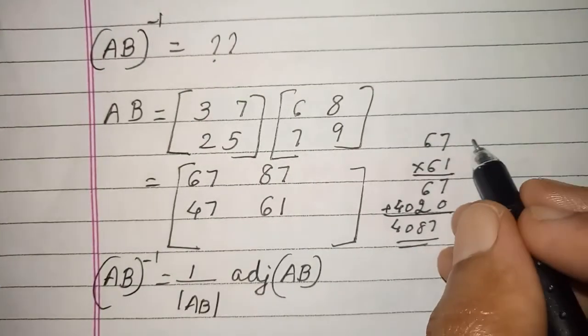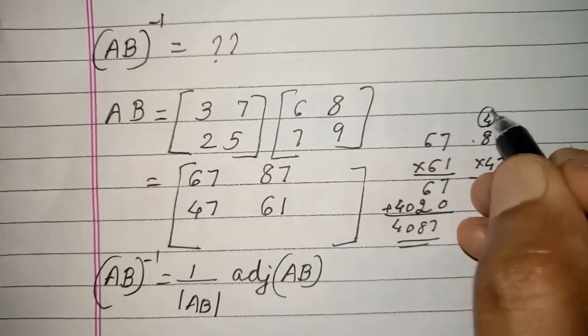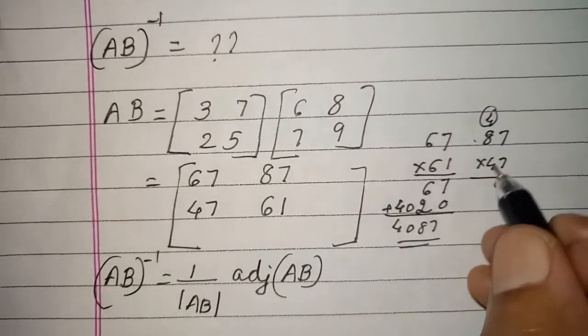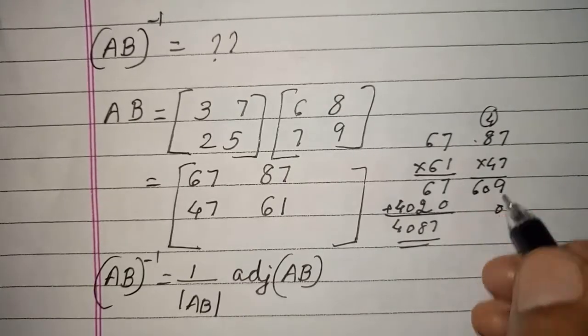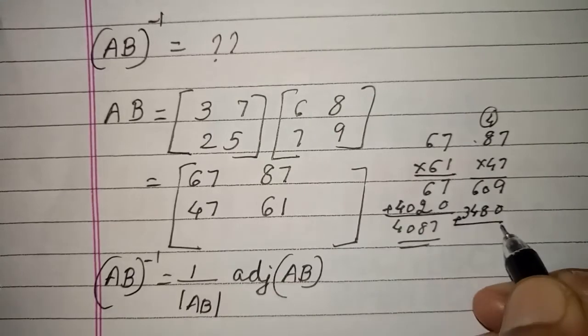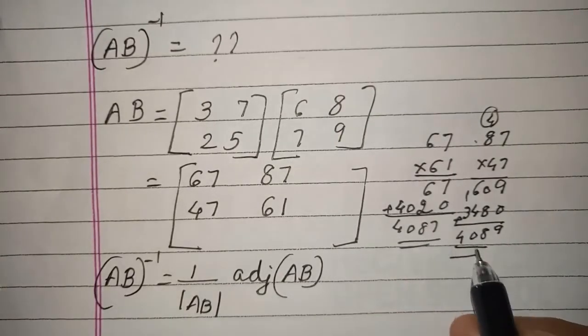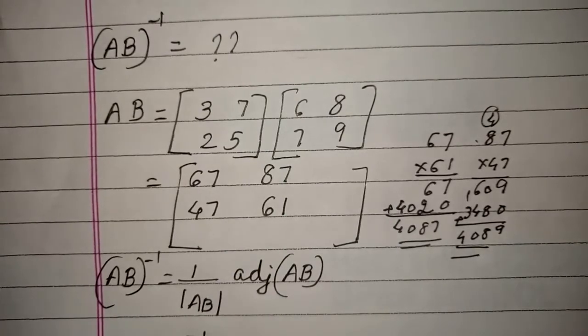Next one is 87 into 47, which is 4089. 4087 minus 4089 is minus 2.